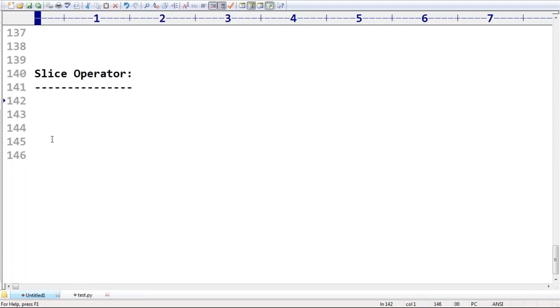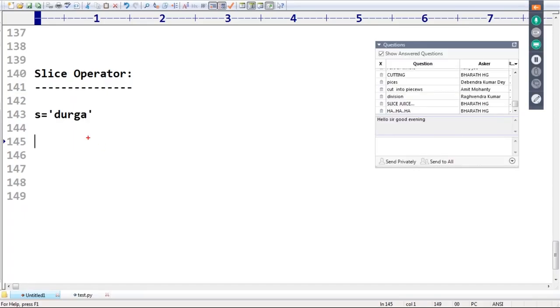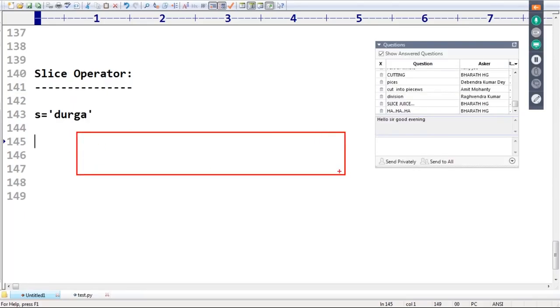So now assume that S is equal to Durga. Now, do you know internally how this Durga is going to be represented?